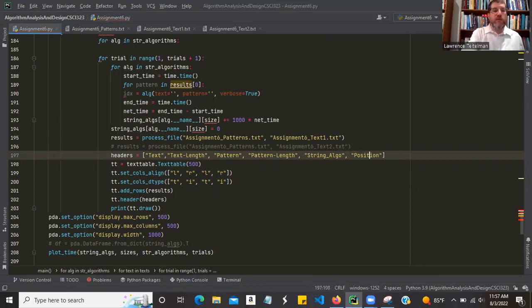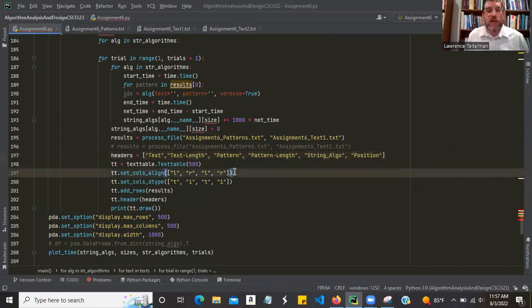So now make sure in line 199 and 200 that your alignments and your data types match up. So you're going to need to have 6 of those instead of 4, and make sure the data types align as well. So you have text, integer, text, integer, text, integer. You need to have 6.